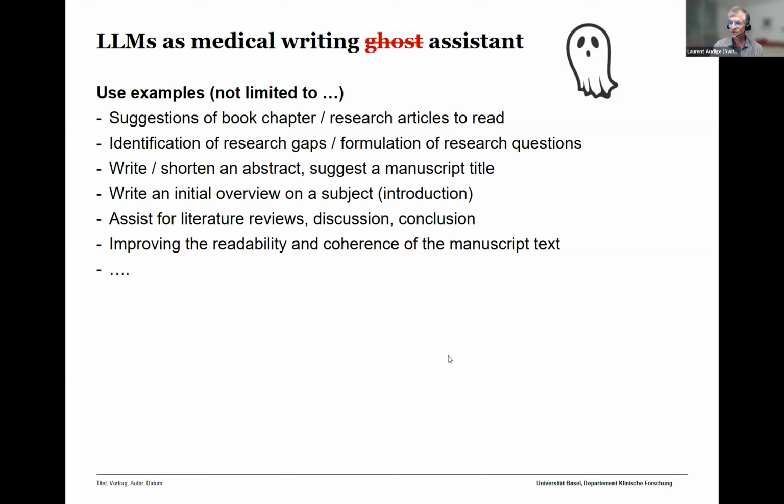It's going to help you identify your research gap. It could help you formulate the research question, even draft an abstract, and suggest a manuscript title. In some places you can even have a full grant being proposed.